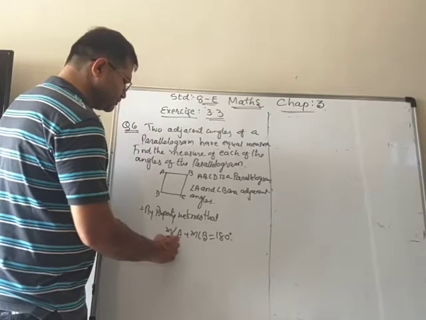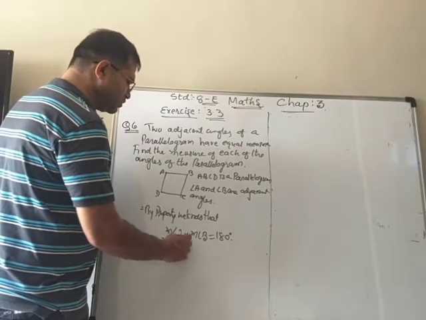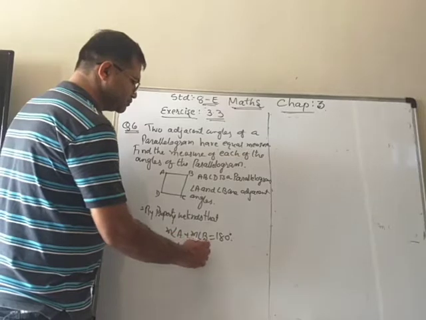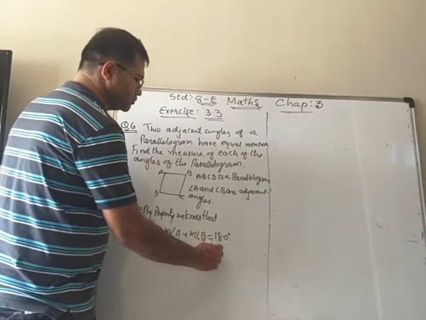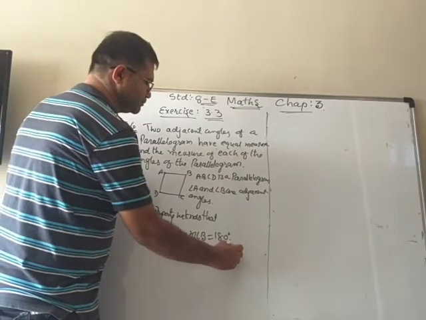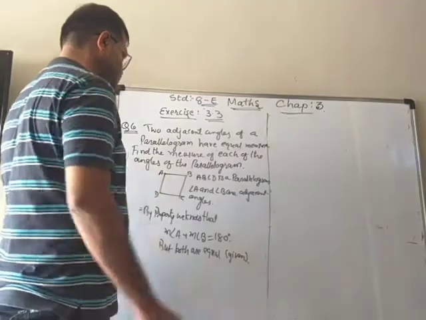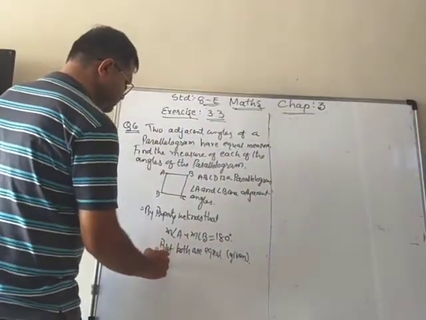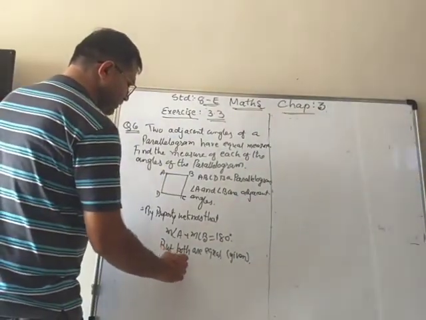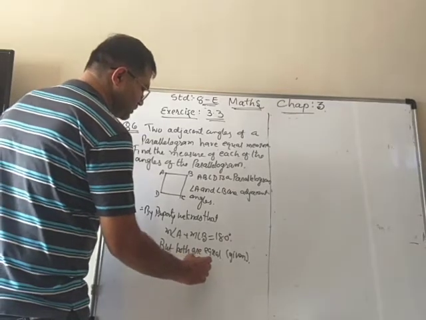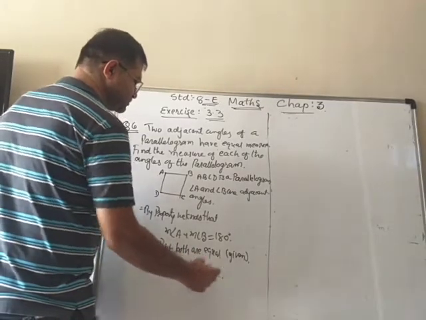But both are equal, given. So let measure angle A is equal to measure angle B. We can take as x.